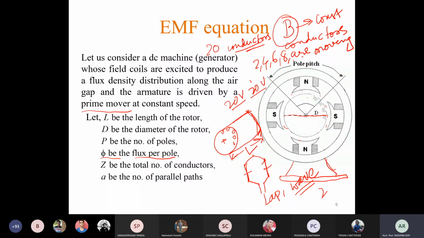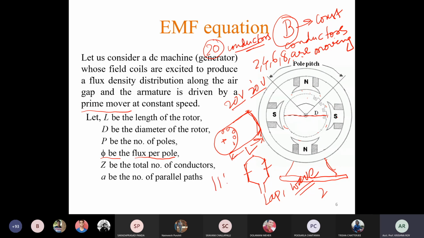But if we connect these 20 conductors of a 4 pole machine in lap winding, then there will be 4 parallel paths. Each parallel path will have 5 conductors, and these 5 conductors each will produce 10 volt.